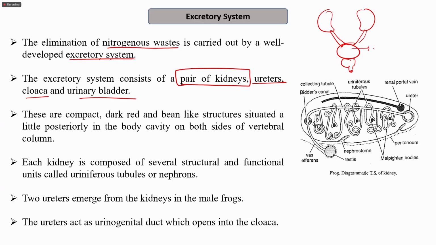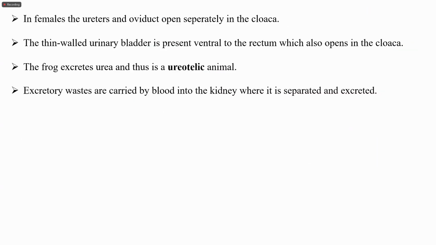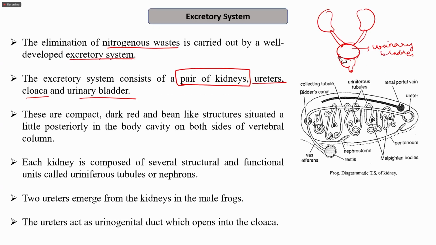So this is just a representative diagram. So we have a urinary bladder and that opens through the cloaca. So a pair of kidneys is present. We have ureter, which is the tube-like structure.